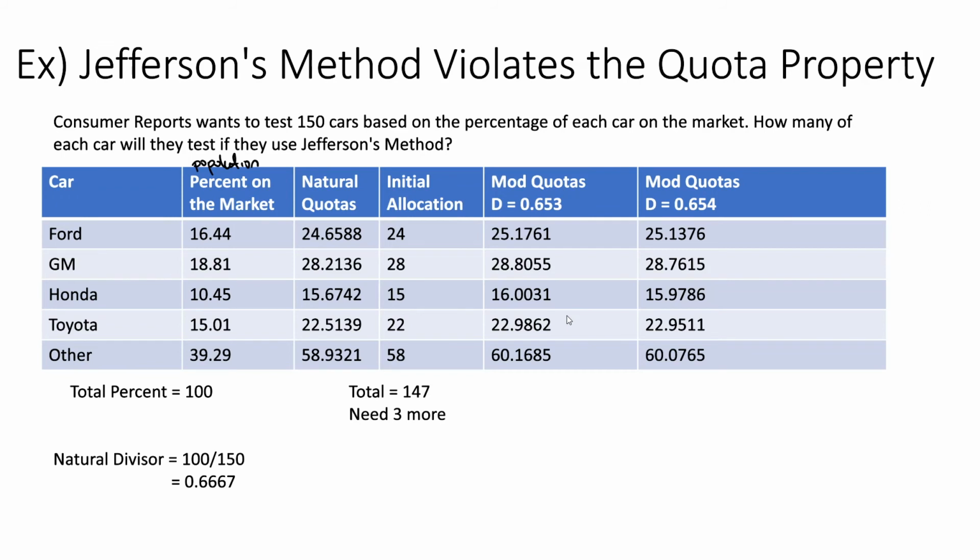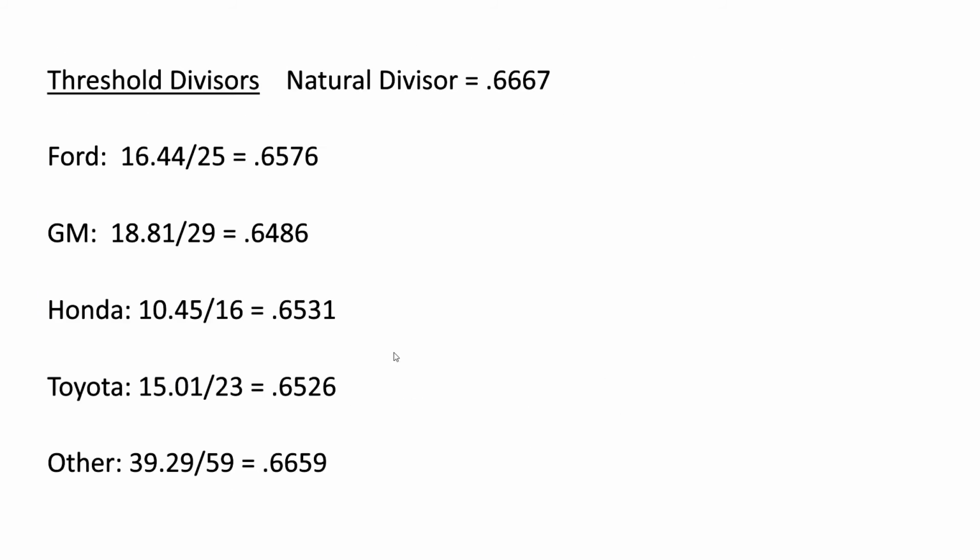So now for these modified quotas, to figure out where they came from, we'll look at the threshold divisors that we found for this. Remember, this was our natural divisor, 0.6667. We find all of our threshold divisors by taking each state population and dividing it by the number of seats we want them to get. Originally, Ford got 24, so we're dividing by 25 because we want them to go up. GM originally got 28, so we're dividing by 29 because we want them to go up.